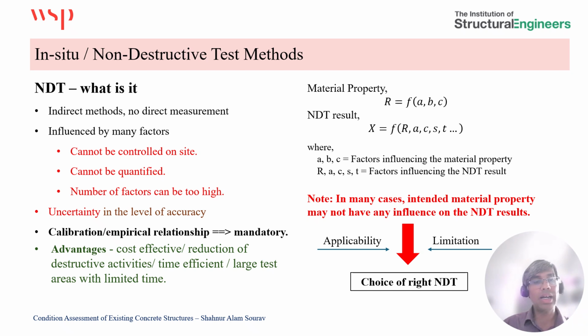One thing I would like to emphasize here is calibration, or the empirical relationship. These testing methods need to be calibrated with any information we have, either taken on site or from record information. There are advantages to non-destructive testing. It can be cost effective if we plan ahead, and it can reduce destructive activities during the investigation process.